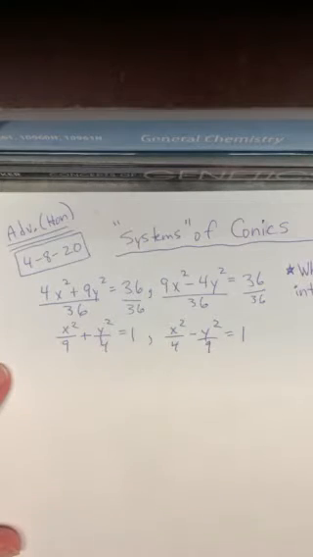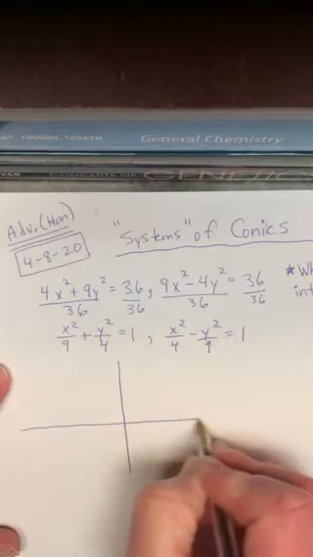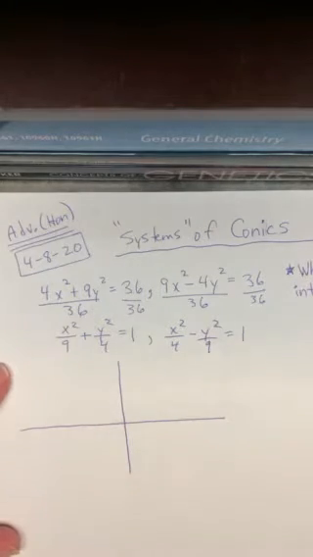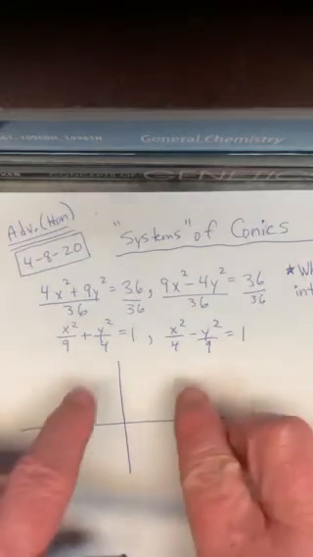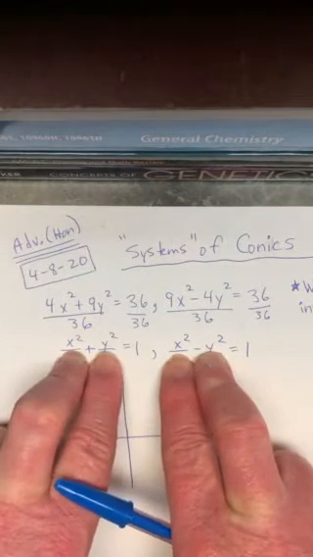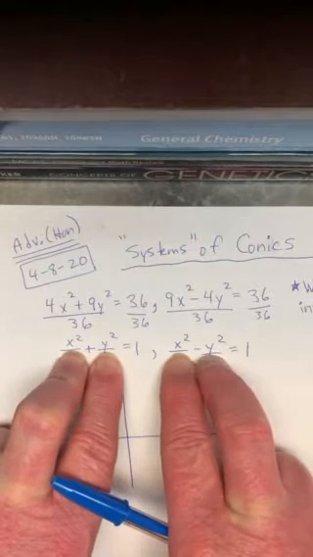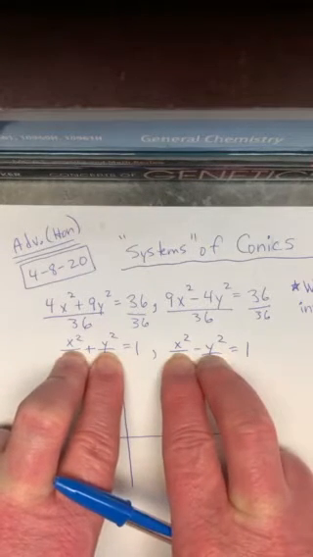So if we're trying to figure out where do they intersect, let's draw a picture as neat as we can. Notice on both of them, we've got good old x squared and good old y squared. There's no x minus 1 or y plus 2 or x minus 3. So both of these have a center of 0, 0.